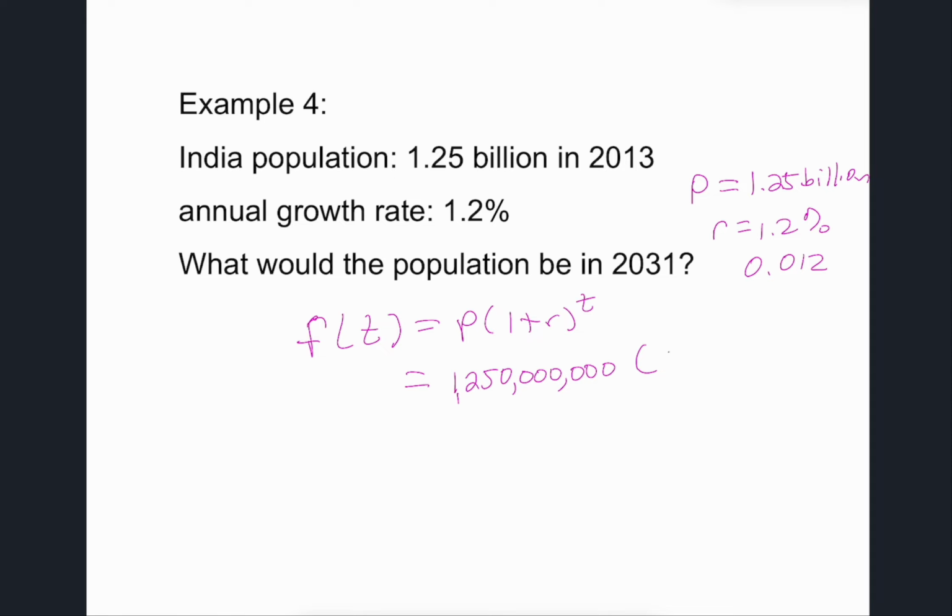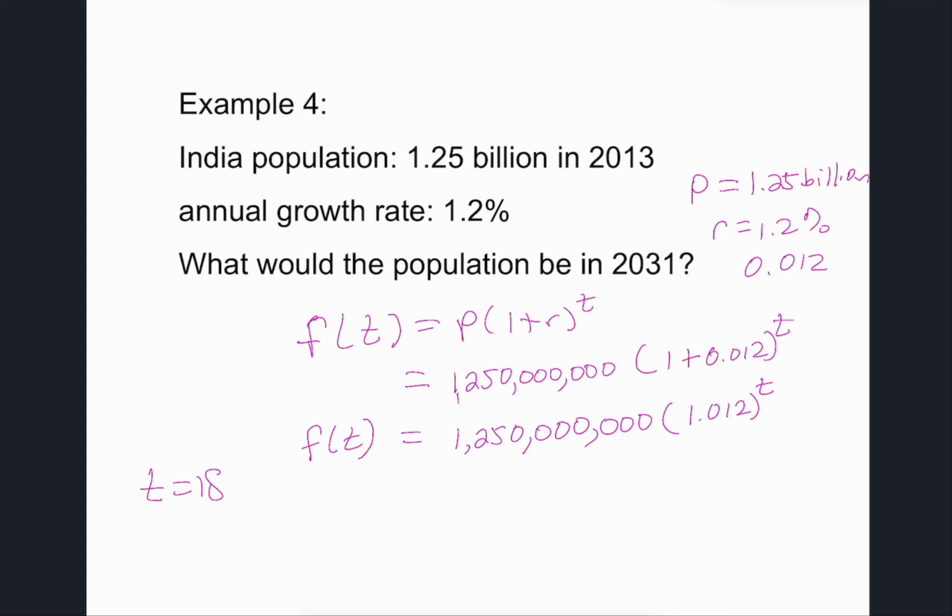Okay, and then 1 plus 0.012, and t gives us the following equation to calculate the population of India. Now, the question said that was the rate in 2013, and from 2013 to 2031, that is an 18-year difference in time. So the time that's elapsed is 18.